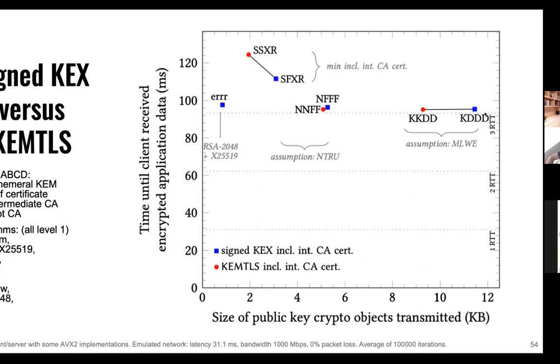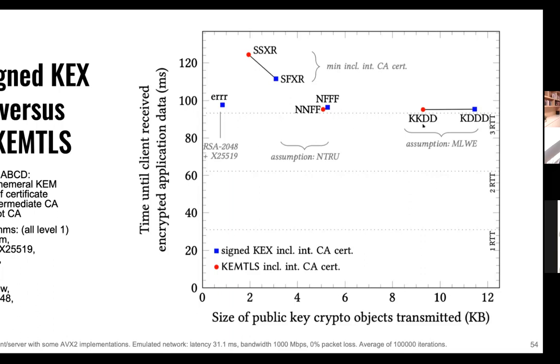So the blue dot here represents signed KEM key exchange. So we use Kyber as our key exchange and Dilithium as the authentication algorithm for the server. That's the second letter D here, as well as the intermediate certificate authority and root certificate authority.